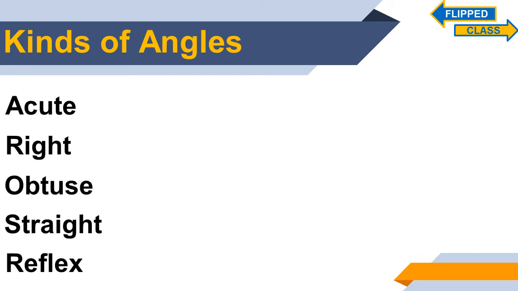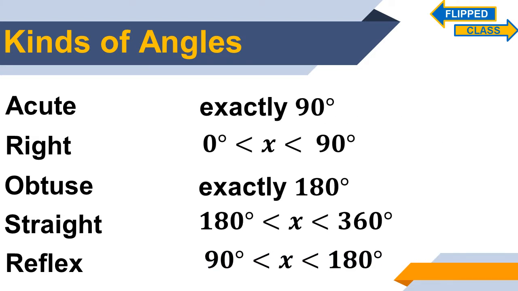Let's talk about the types or kinds of angles. These are the 5 kinds of angles in comparison to the 3 you've learned during your elementary years. And these are the possible definitions. However, they are not aligned properly.